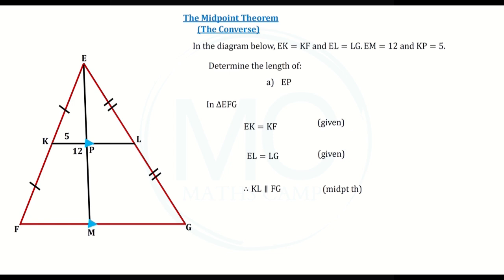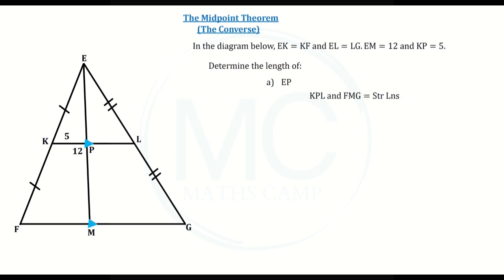Now we can make our diagram black again, and we can make some space. We know that KPL and FMG are straight lines. So let's make a note of this over here.